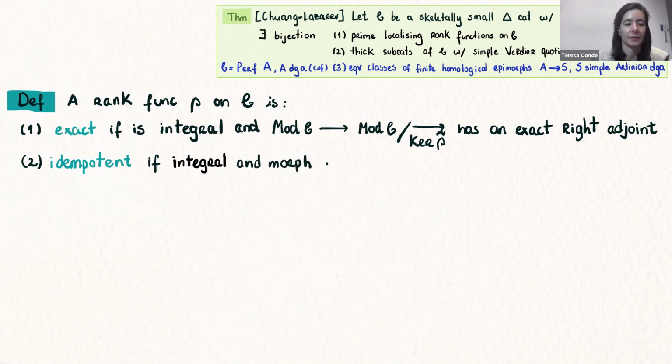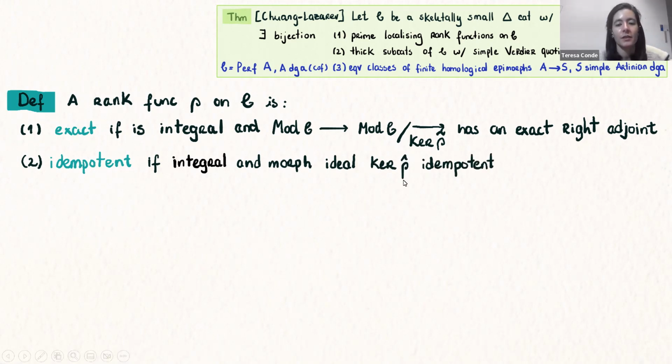And the second definition is that of an idempotent rank function. So we shall say that a rank function is idempotent if it is integral and if the kernel of morphisms of this rank function, i.e. the class of all morphisms which are mapped to 0 by the rank function, we want this to be an idempotent ideal.